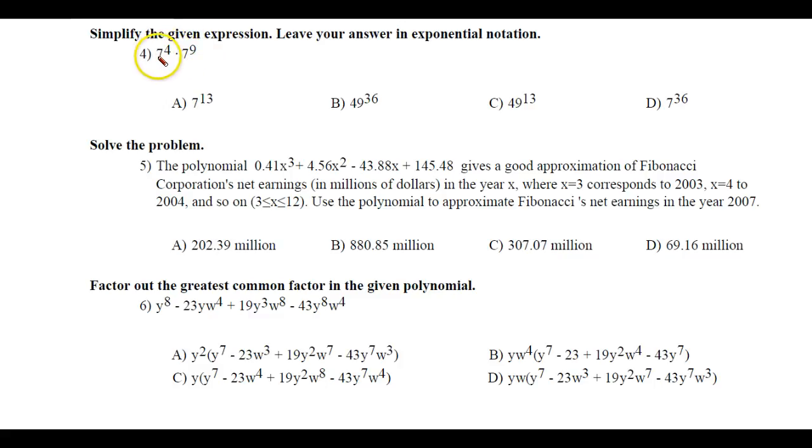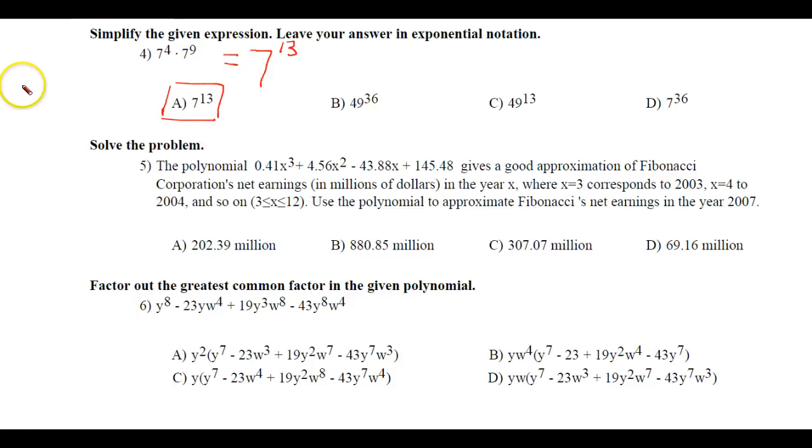But the key is the bases are the same. So the rule is, when the bases are the same, we just add the exponents. Now they do have some other trick answers here. You have to be careful of that.